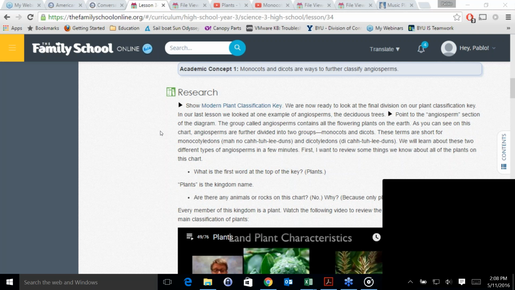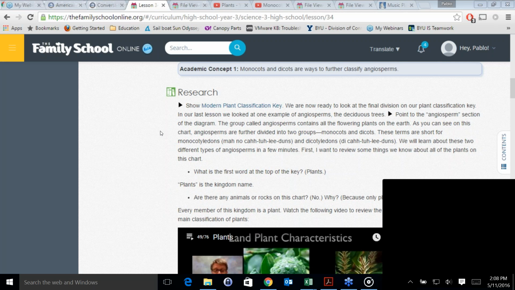The seeds of angiosperms have these large cotyledons, and some have one cotyledon, the monocots or monocotyledons, and others have two, the dicots.